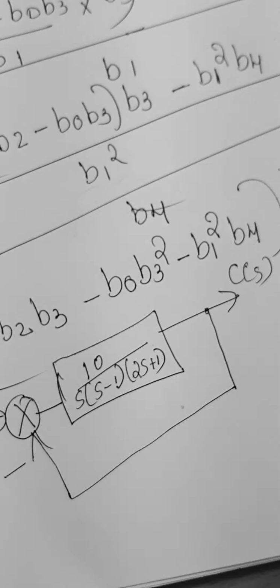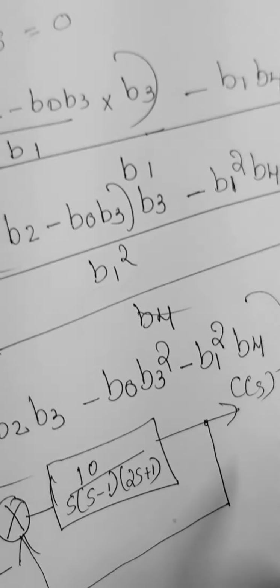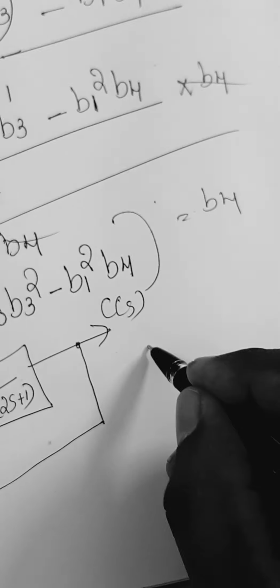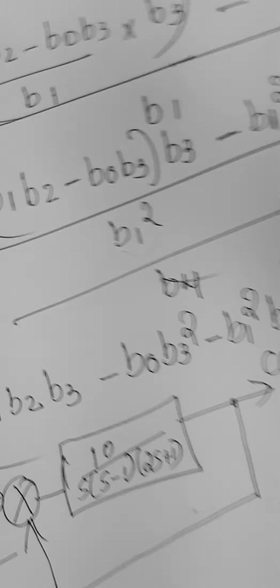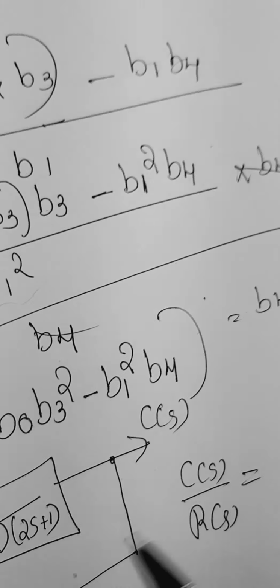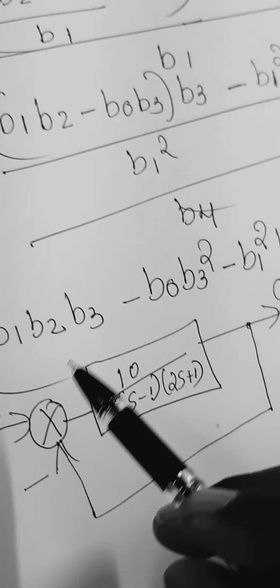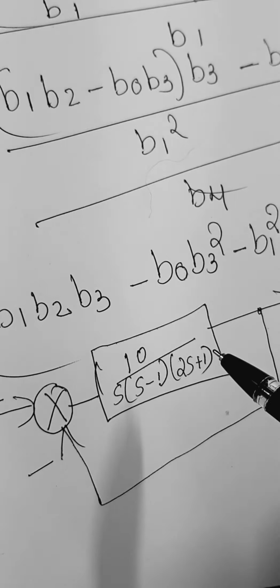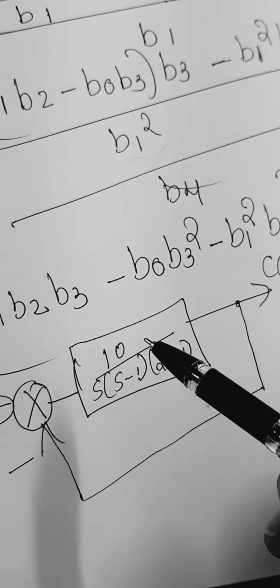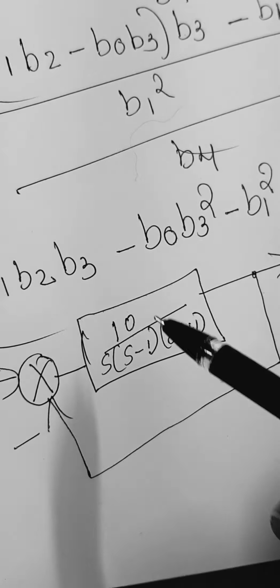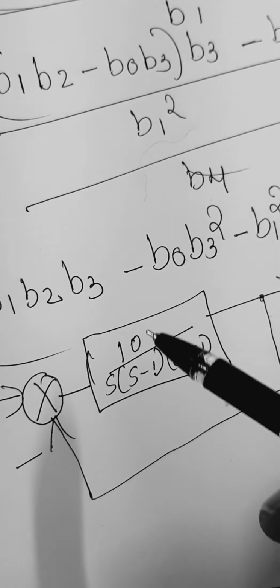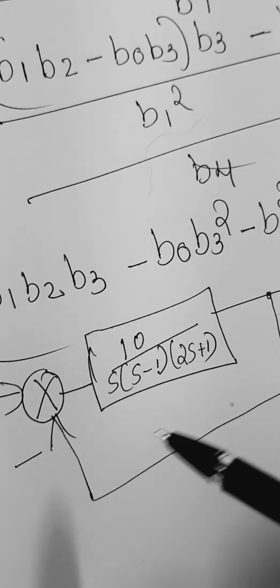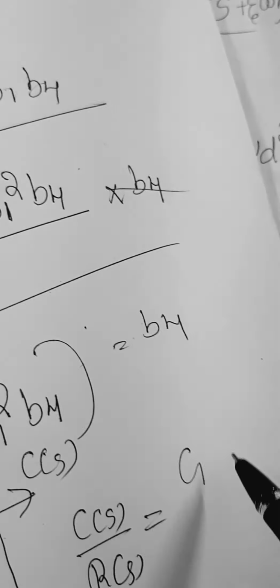Now you need to find C of S divided by R of S. You know that this is a feedback system. So this can be reduced into a single block, or the transfer function is obtained by G of S divided by 1 plus G of S into H of S. That is the formula we have already come across.